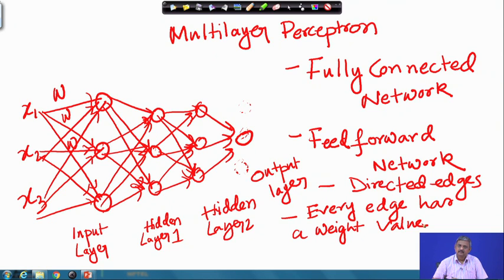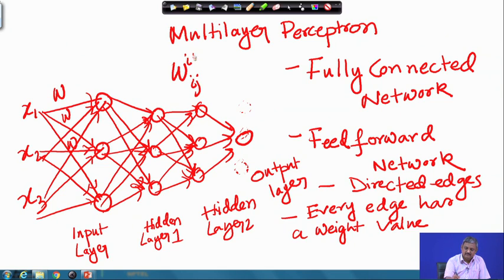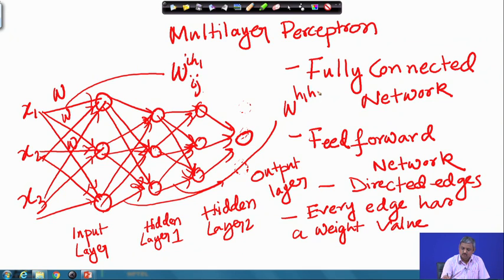The convention of writing the weight is something like this. If we write W i j, say input to H1, it means it connects the ith neuron of the input layer to the jth perceptron of the hidden layer 1, that would be this. Similarly, this would be W H1 H2 i j, that means the ith neuron of the hidden layer 1 connects to the jth neuron of hidden layer 2.